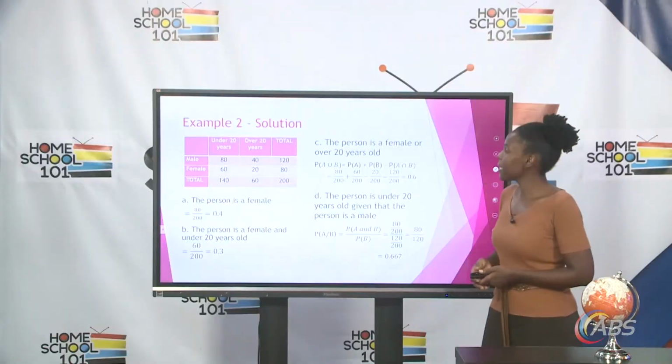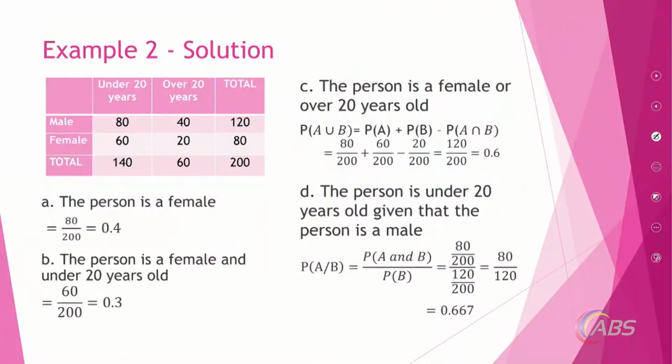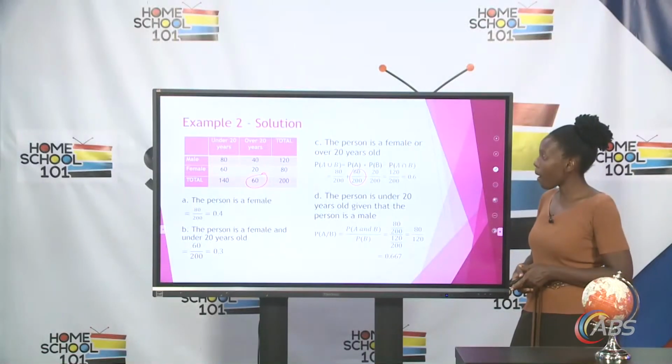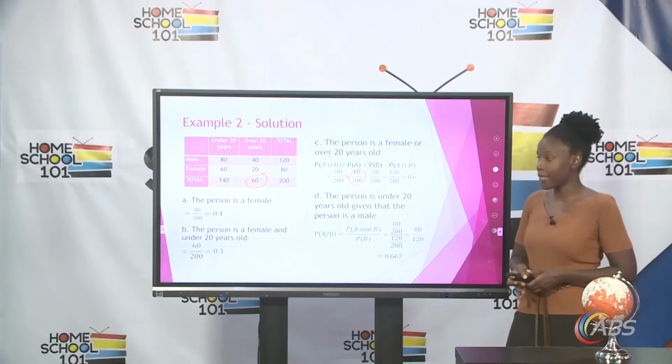Then the probability over 20 years old. So what I would do is to look for all those who are over 20 years old. As we can see here, the total number over 20 years old would be 60. Hence, the probability would be 60 over 200. Then we need to look at the probability that the person is a female and over 20 years.